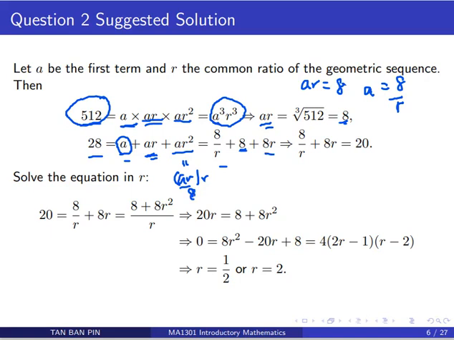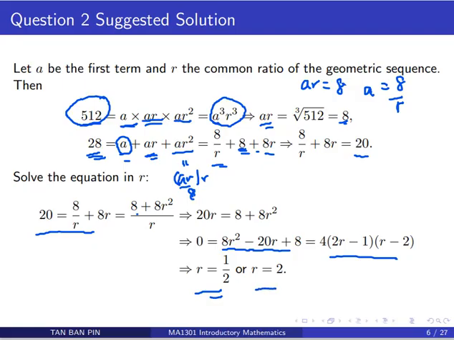So with that it is 8 over R plus 8 plus 8R is 28. 28 and 8 can combine to give you 20. So that's how we get this equation, which you can actually combine 8 over R and 8R to 8 plus 8R squared over R. And then you can cross multiply to get a quadratic equation which you factorize, and you can find R as half or 2.